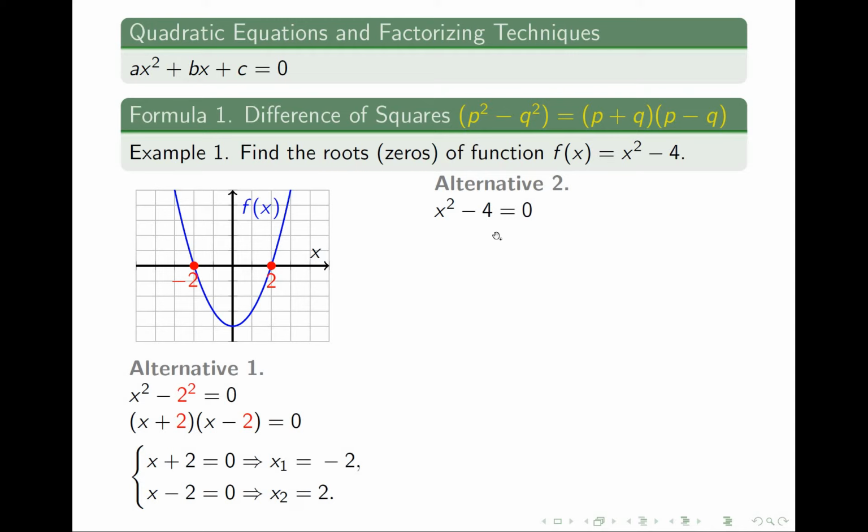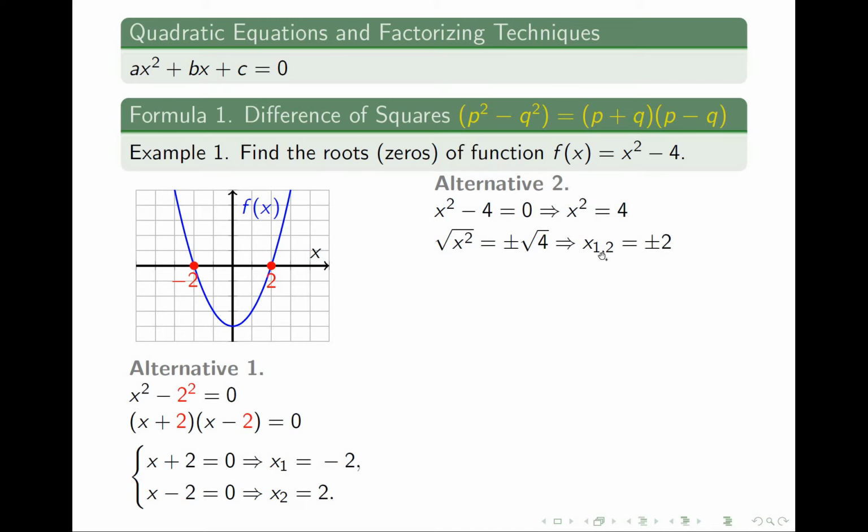Meaning that if we add 4 to both sides of this equation, we get x squared equals 4, and if we take the square roots of both sides, we get square root of x squared equals plus minus square root of 4, and we should have plus minus because the square root of x squared is x and square root of 4 is 2.